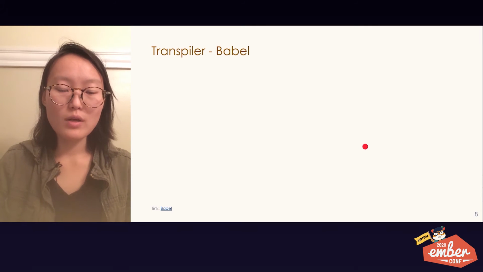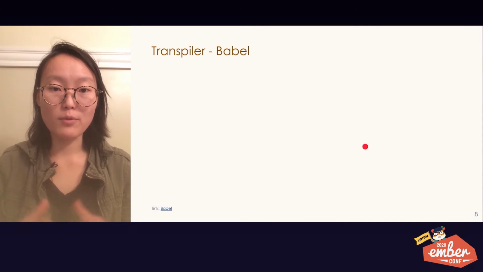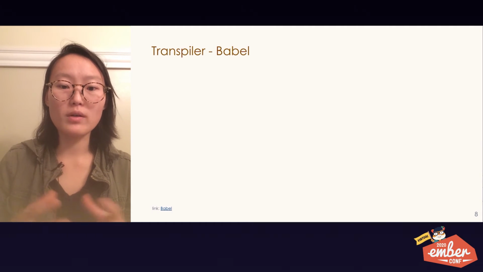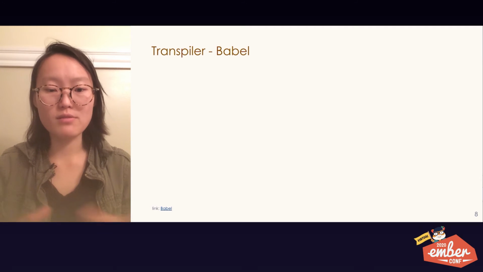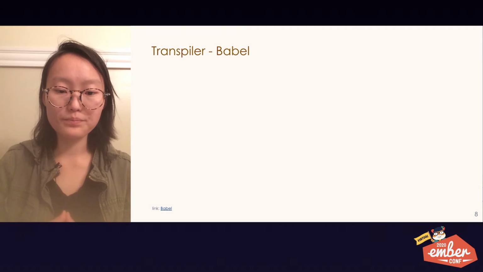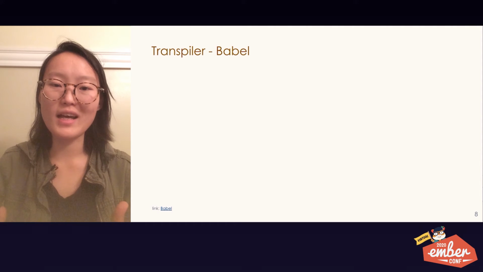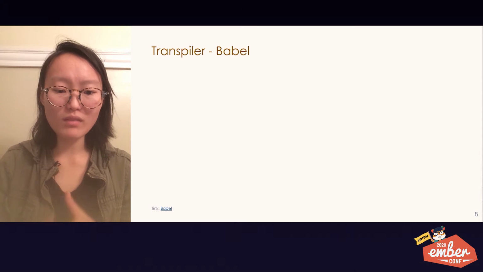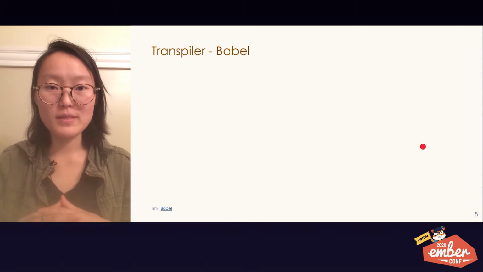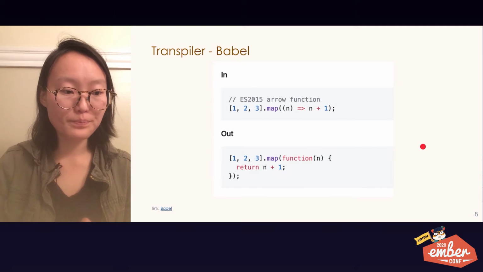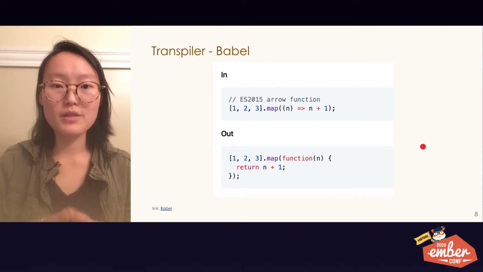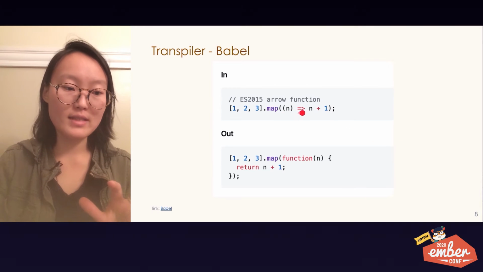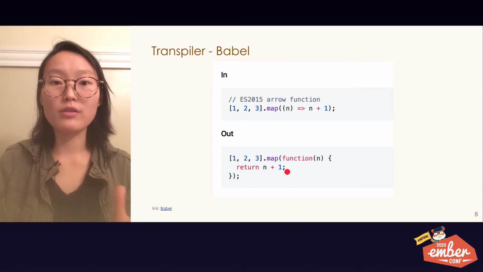What a Transpiler does, let's say for example Babel, is convert ES6 code into a backward compatible version that can run in any browser, such as Chrome or IE. It saves us developers so much time from writing code that's particular to a certain browser. So I want to look at a specific example of what Babel does. In this example, Babel is converting the fat arrow syntax into a regular function syntax.